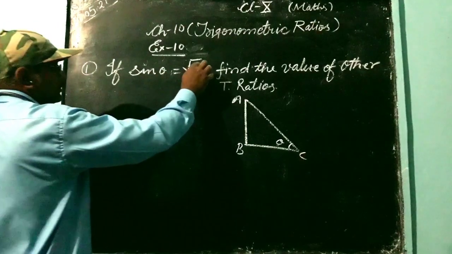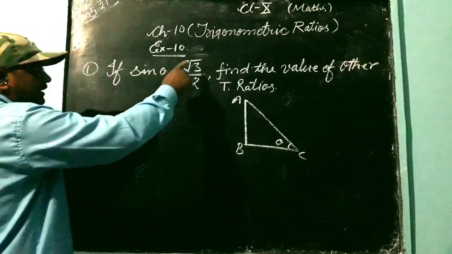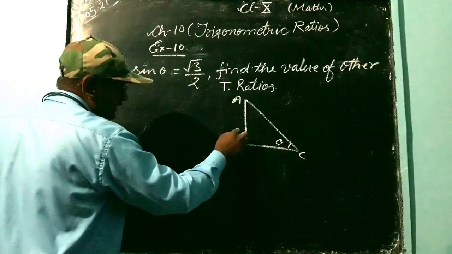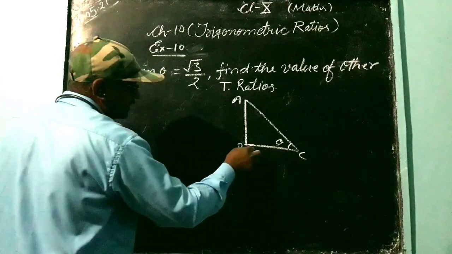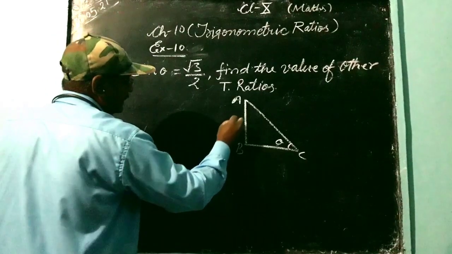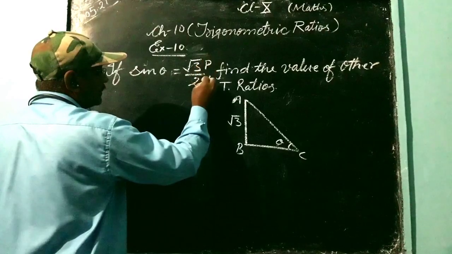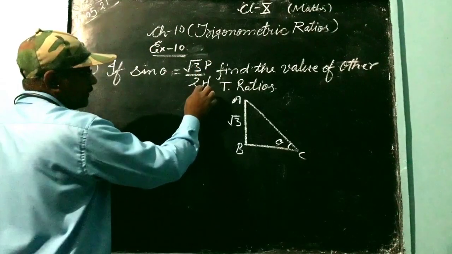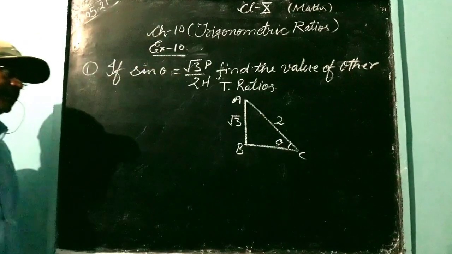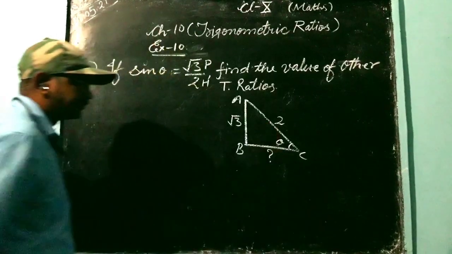You know that sin theta is perpendicular upon hypotenuse, as I explained in the beginning. So the perpendicular is this, the base is this, and the hypotenuse is this. So root 3 is the perpendicular, upon 2 as hypotenuse. Clear?